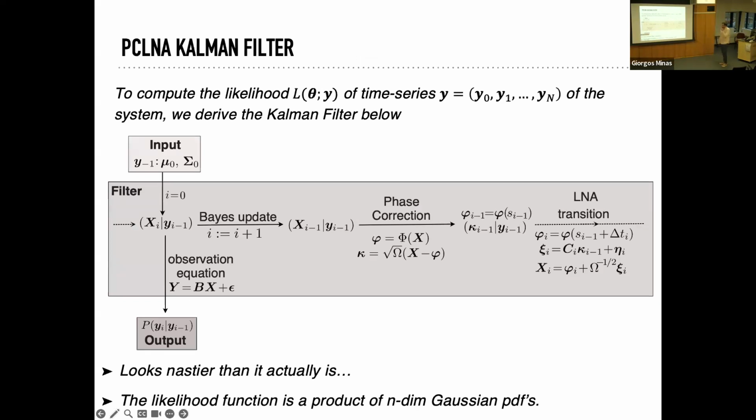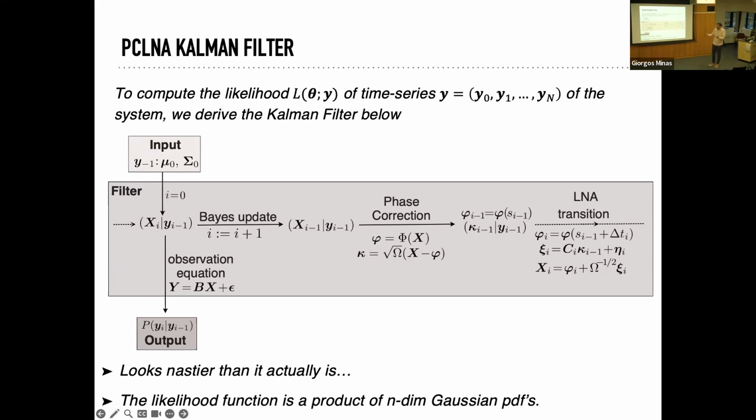So you can work out the likelihood by deriving the Kalman filter that gives you the likelihood of time series under the PCLNA model. It's very similar to the standard LNA Kalman filter, apart from these phase corrections, where we have another step. So it's not too bad computing it.